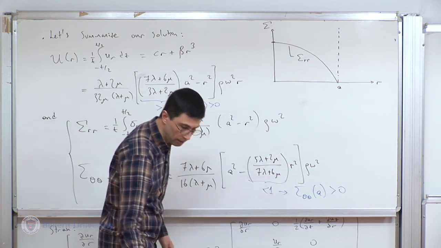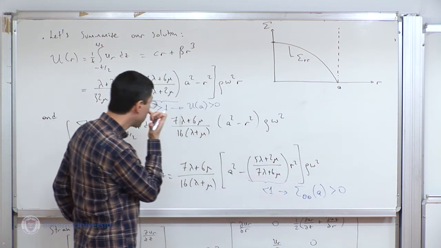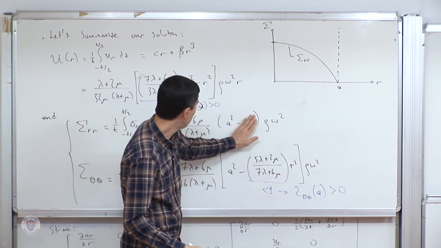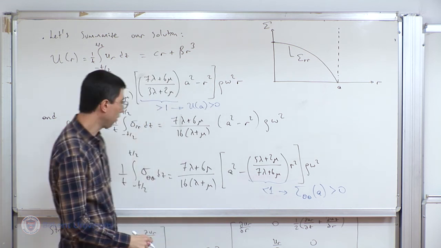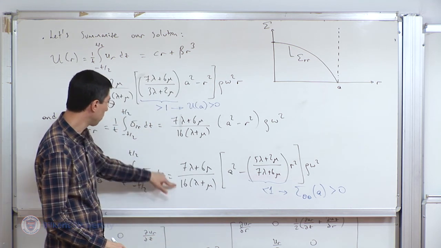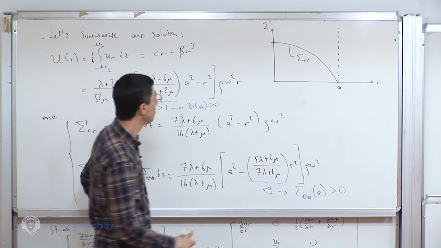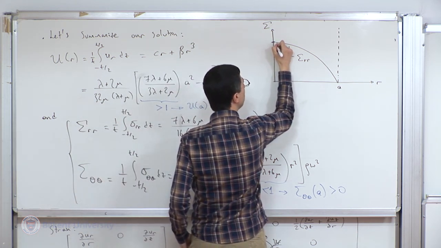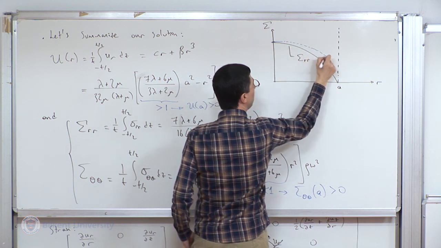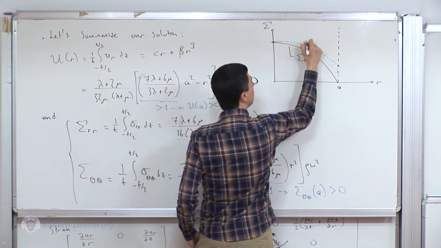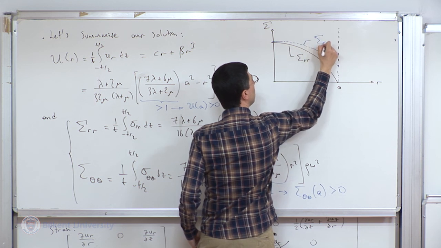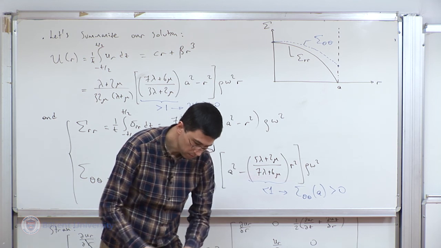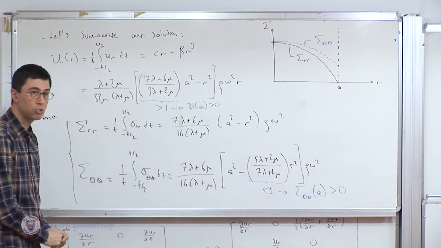That's sigma RR. And then we have sigma theta theta. When r is equal to 0, this term is not there. This term is also not there. If r is equal to 0, the factors at the front are the same. Sigma theta theta is equal to sigma RR. So they start from the same value. But the difference is that sigma theta theta does not go to 0. And that is pretty much the end of the solution.